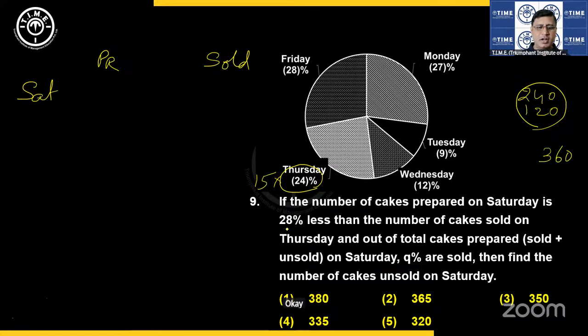Okay, now 28% less. How many were prepared? 28% less than the number of cakes that were sold on Thursday. So 28% less means 72%. Okay, now what is saying here?